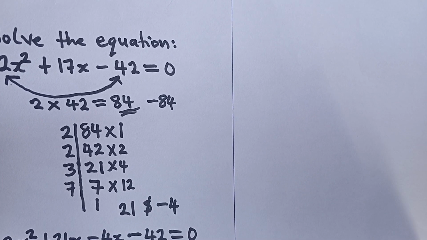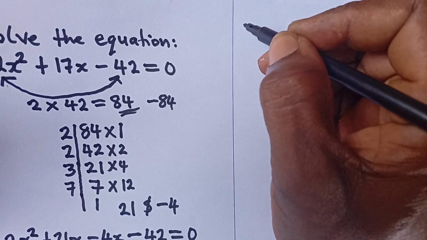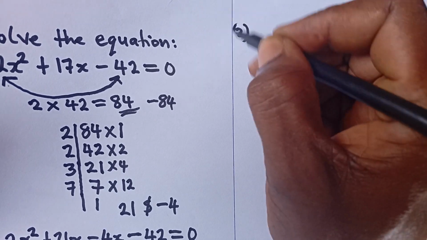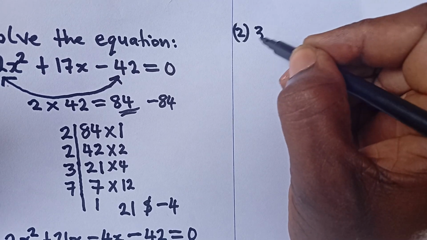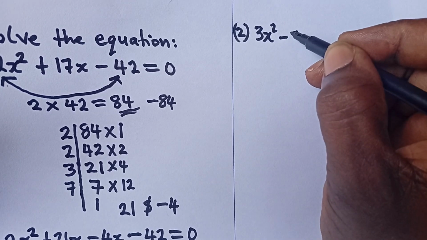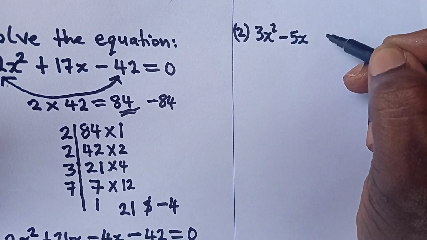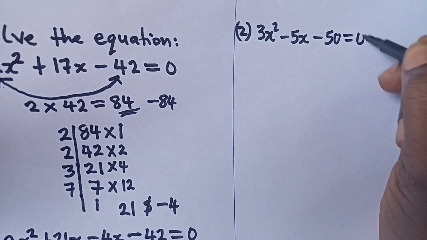So let me take another equation, I'll call this number 2, and then I'll say 3x squared minus 5x minus 50 is equal to 0.